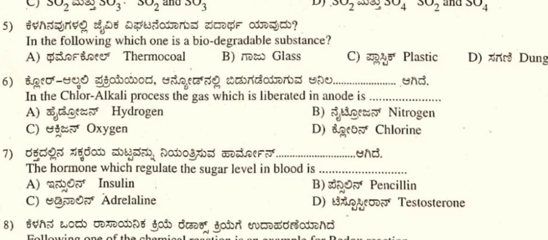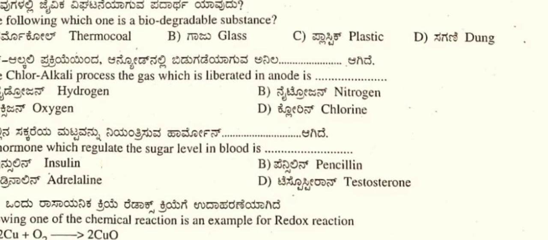Next, glass is also non-biodegradable. Plastic is also non-biodegradable. The dung or cow dung, it is biodegradable. It creates a manure. And cow dung is also used in the production of biogas, as you know. And the byproduct will be the natural compost.